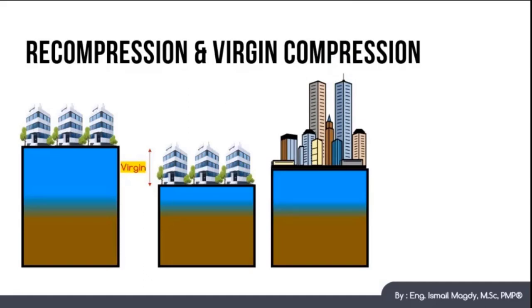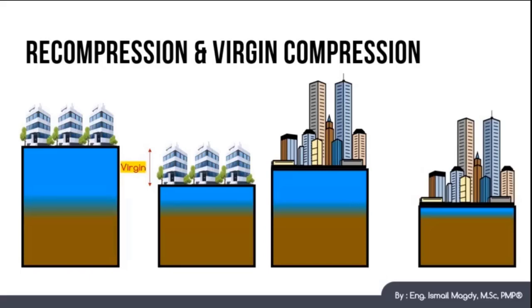In this case, we have P naught equal to 20 kilopascal, the past maximum stress on the soil equal to 50 kilopascal, and the new load of 100 kilopascal. It makes sense that the soil in the stress range between 20 and 50 kilopascal will experience consolidation again, but at a much lower rate than before, because the soil has already experienced that load before and started the consolidation process already.